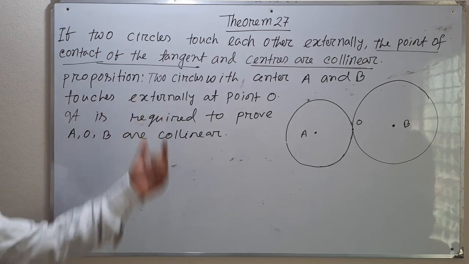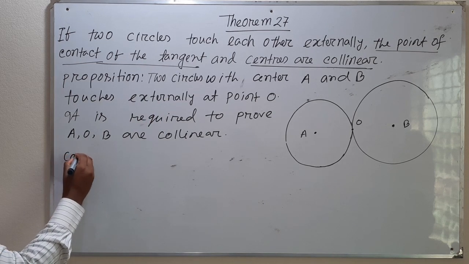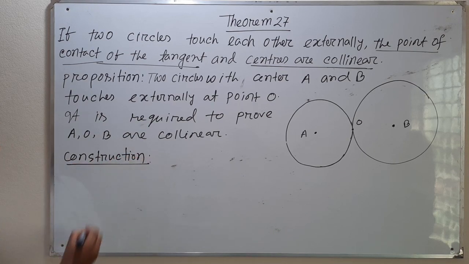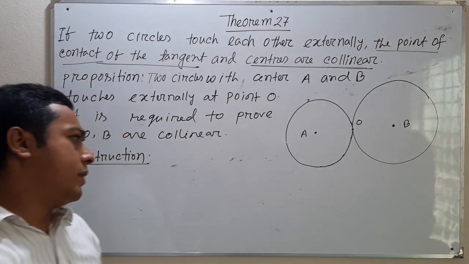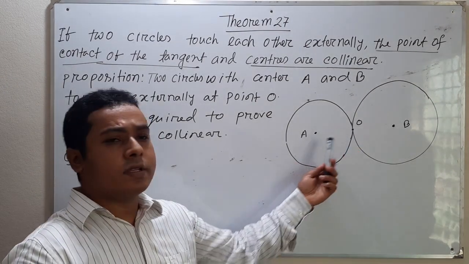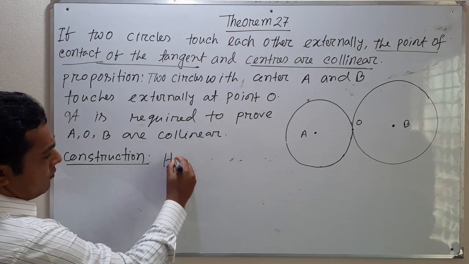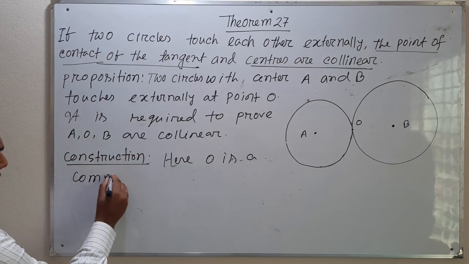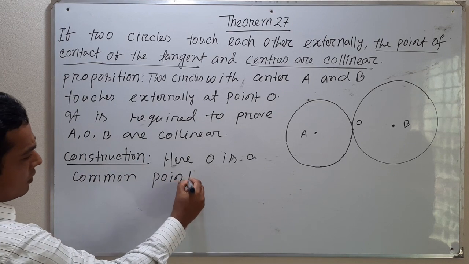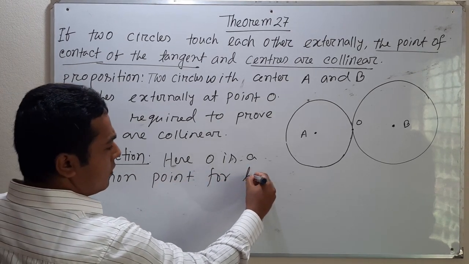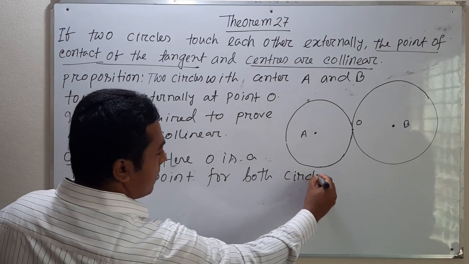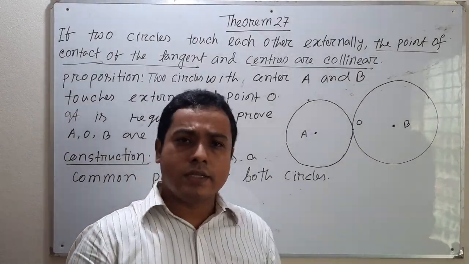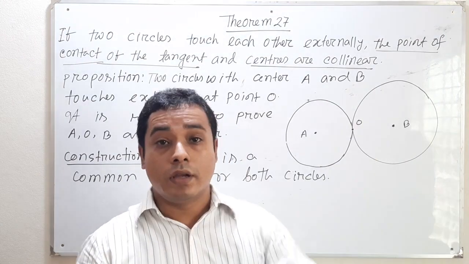Now the construction. Here O is a common point for both circles, so we can draw a tangent through the point O. That will be the common tangent.